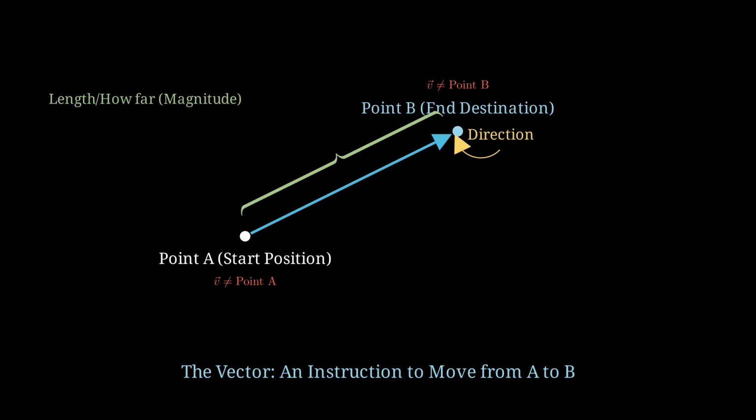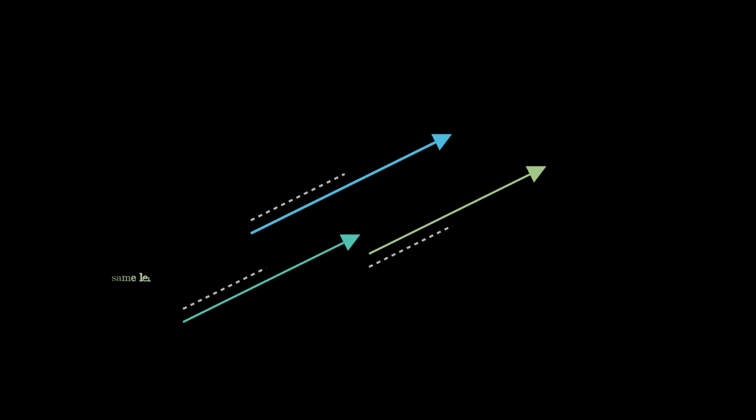And here is the exact breakthrough that a German mathematician, Hermann Grassmann, realized in 1844, which fundamentally changed physics. An instruction does not care where it starts. Look closely at these three arrows. They live in completely different areas of the screen, but because they possess the exact same length and point in the exact parallel direction, they are not three different vectors.